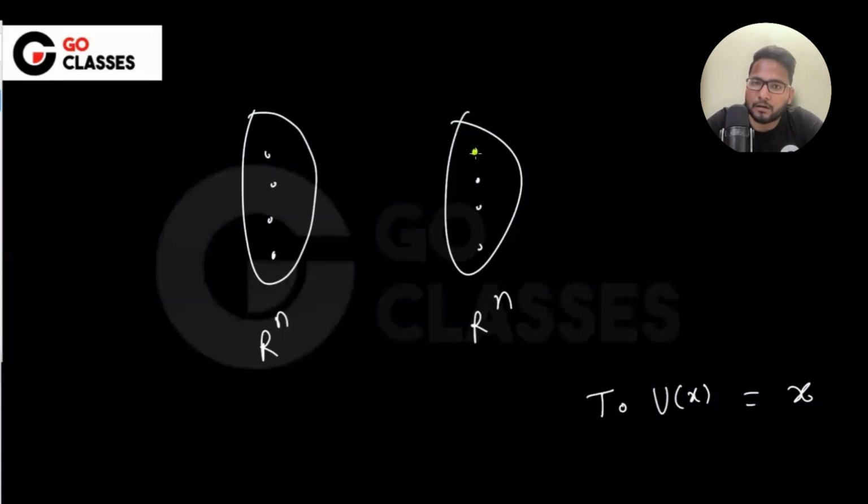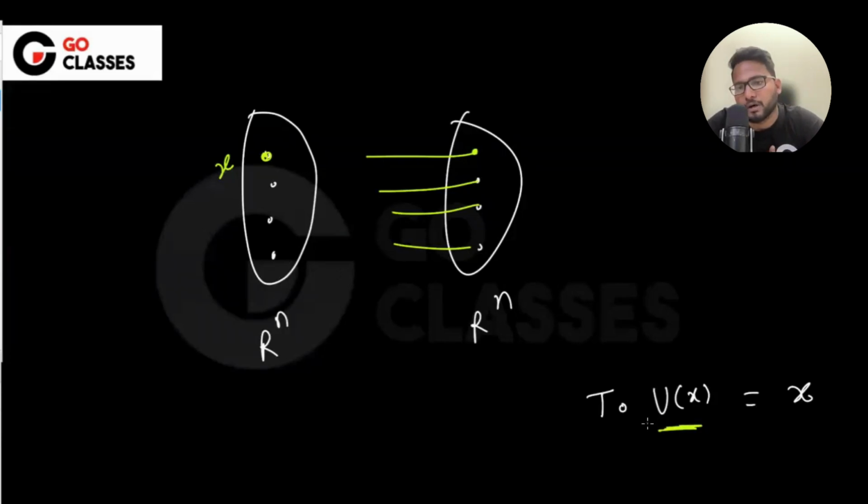you are basically covering everything here, right? If there is a transformation that can, let's suppose this is x. So what is the meaning of this U of x composition with T?